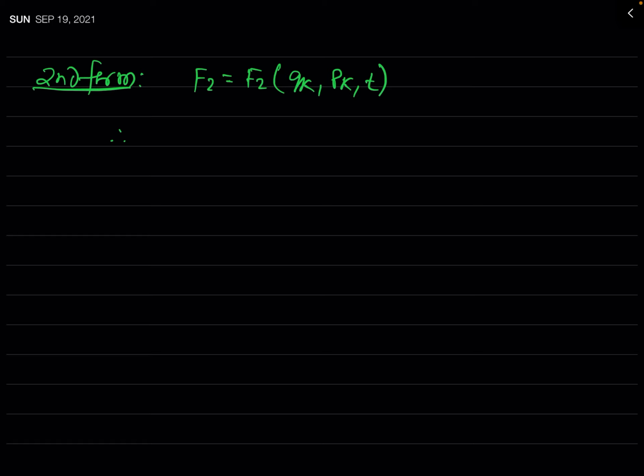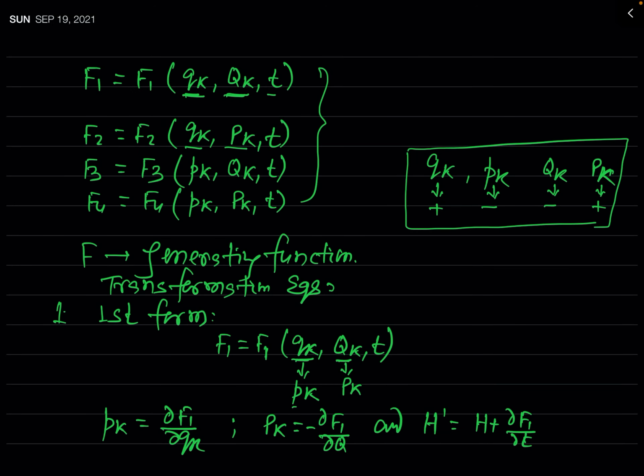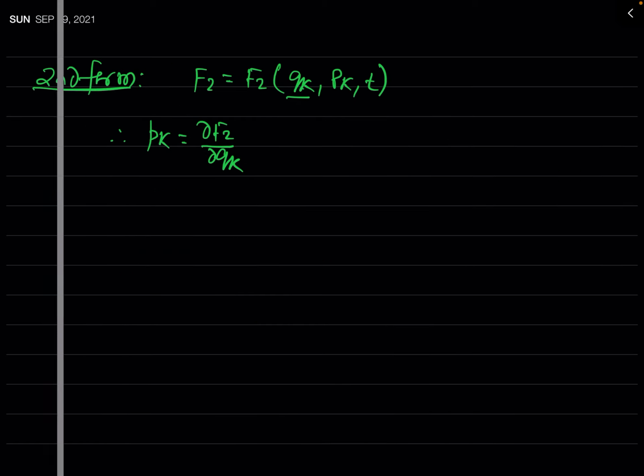Now I will ask you how we can write the transformation equation. Since in the argument is small qk, we have to find small pk. And for finding pk, I have just mentioned the technique: you have to take the partial derivative of this F2 with respect to qk. And now see the sign. When we differentiate with respect to qk, we take plus sign. So here it will be plus.